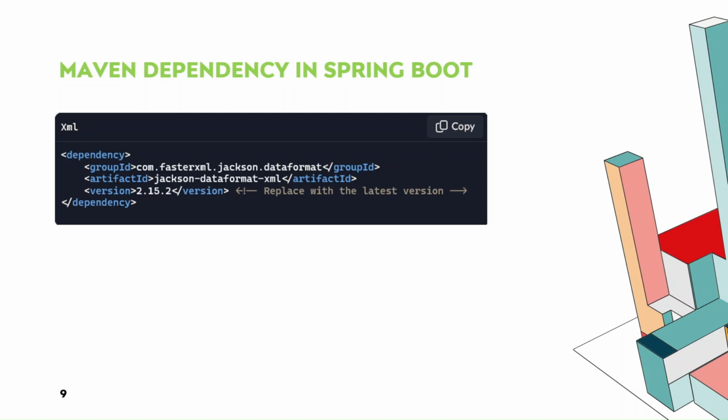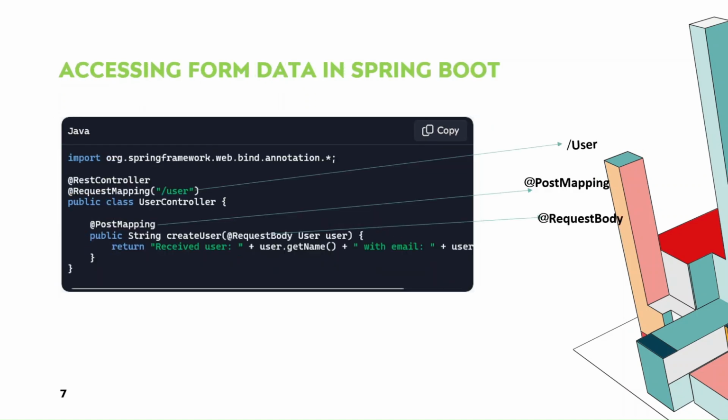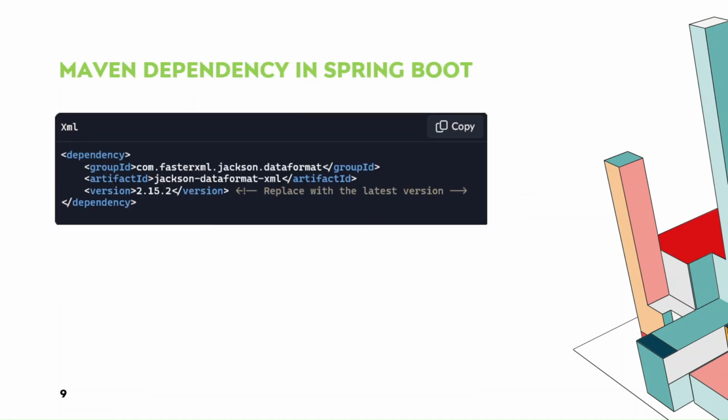And the consumes type we need to set as XML. So these two things we change to access XML from the code.